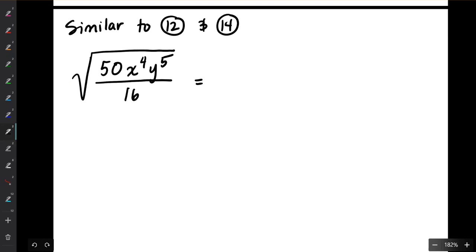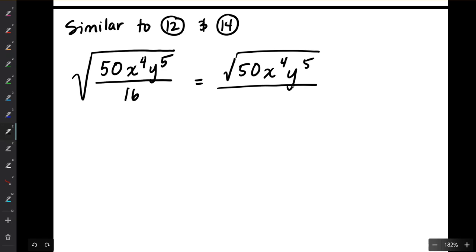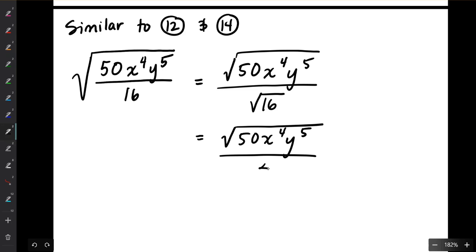And I can use my quotient property, and take the square root of my numerator and take the square root of my denominator separately. One thing that I see right away is that my denominator happens to be a perfect square. The square root of 16 is 4.